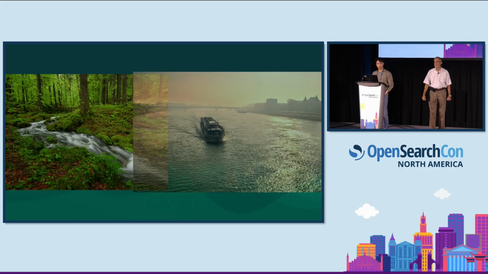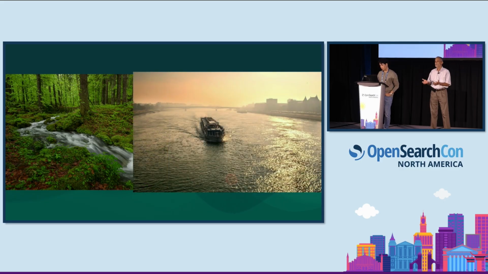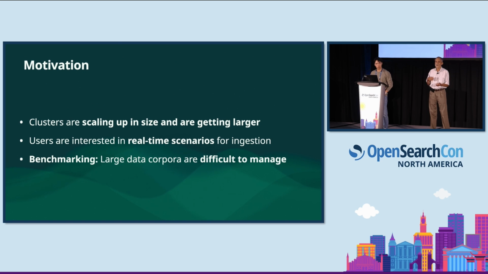But if you are looking at trying to run it with terabytes of data per day, that is like a river, a massive river like the Amazon or the Nile. And OSB did not have the capability to do that in the past, but with 2.0, we have a new feature, streaming ingestion. So I give you the motivation for why we need this.